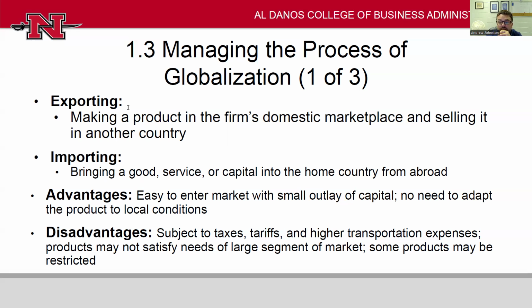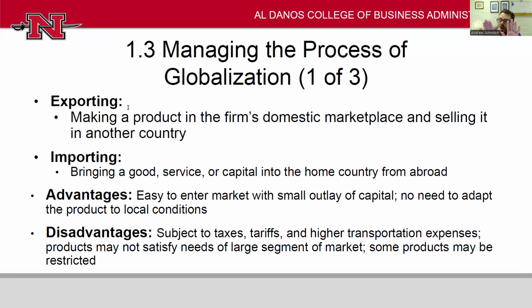If you are exporting things that are very large or bulky, or require refrigeration or whatever, that's more expensive than selling to your domestic market, of course. But then there's also the local needs of that market. The product you're selling in your domestic market may really need some kind of modification or customization if it's going to get a larger audience in the market you're selling to.